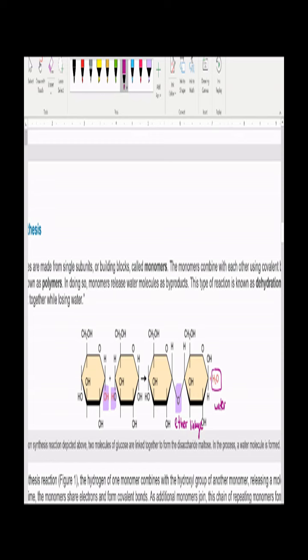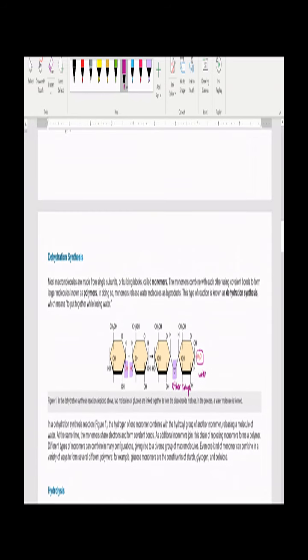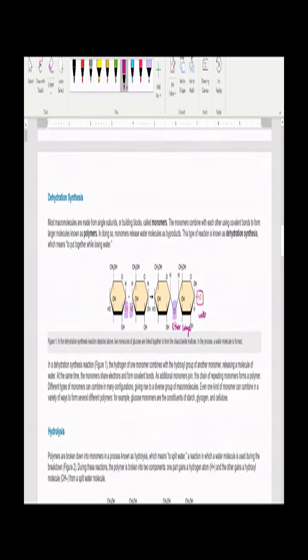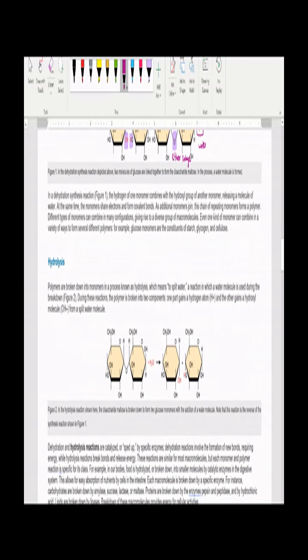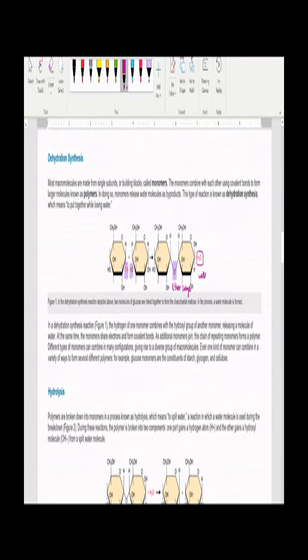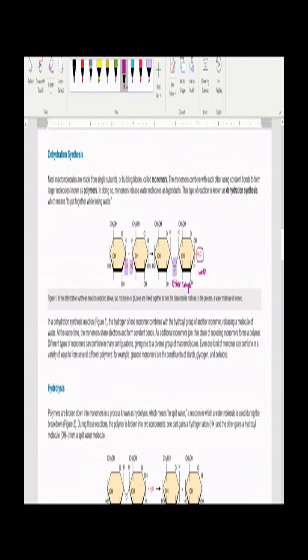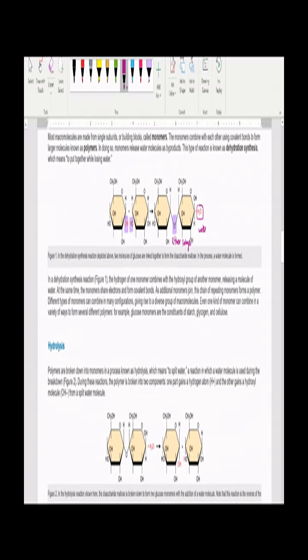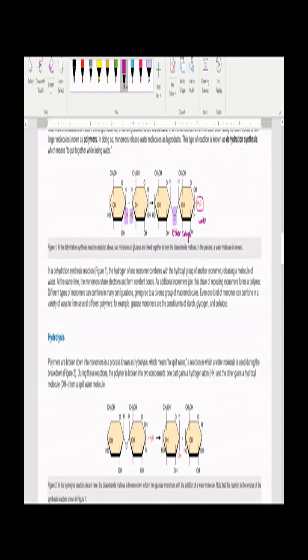All right. So now, how do I break them apart when I need some of that quick energy? In making the macromolecules, you dehydrated the molecule. We're going to do the reverse, where water is on the reactant side, and it's involved in breaking that ether linkage to regenerate the original monomers.